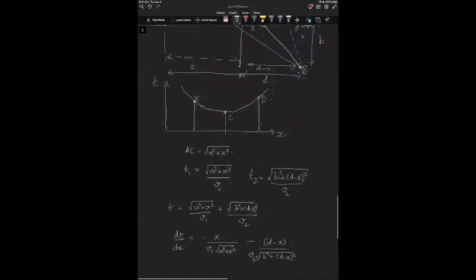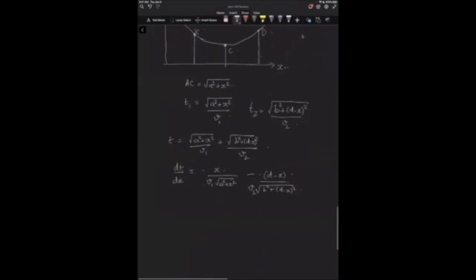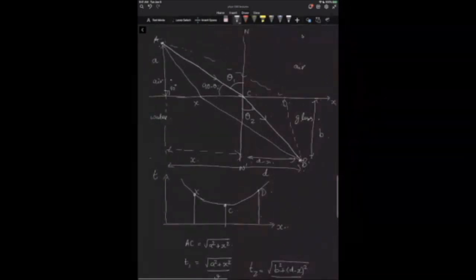Okay, and we can see from the geometry of these angles that x divided by the square root of a squared plus x squared is simply sine theta 1. So you can see that right here. This is x, and a squared plus x squared was that hypotenuse over here, which is also the same as this hypotenuse here.